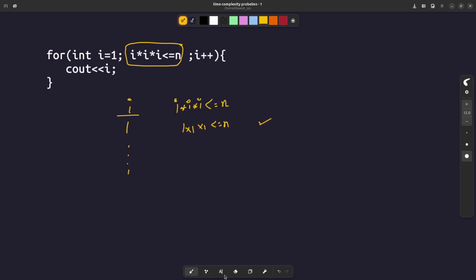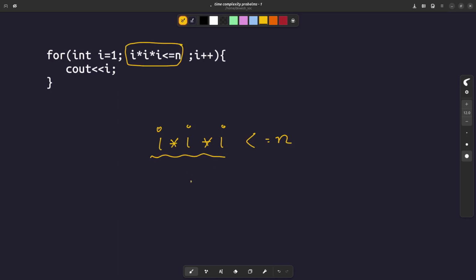Okay, so just use your head a little. What is written basically? It is written i multiplied by i less than or equal to n. If we forget about the computer and just think in maths, this is basically i squared, i squared <= n. So basically it is written i = 1, i squared <= n, i++. Now again, still this is not helpful.